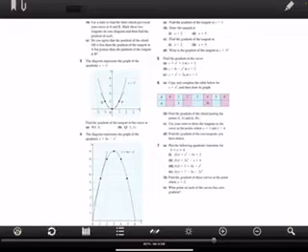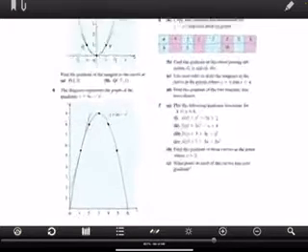You place the x value in the derivative function. Let's do one more.